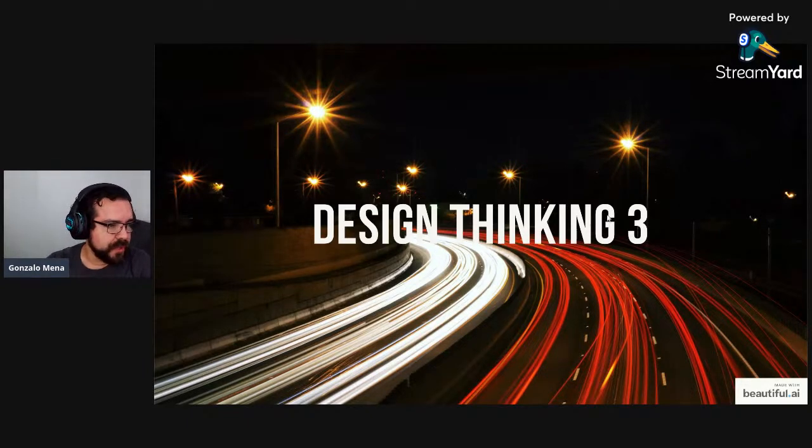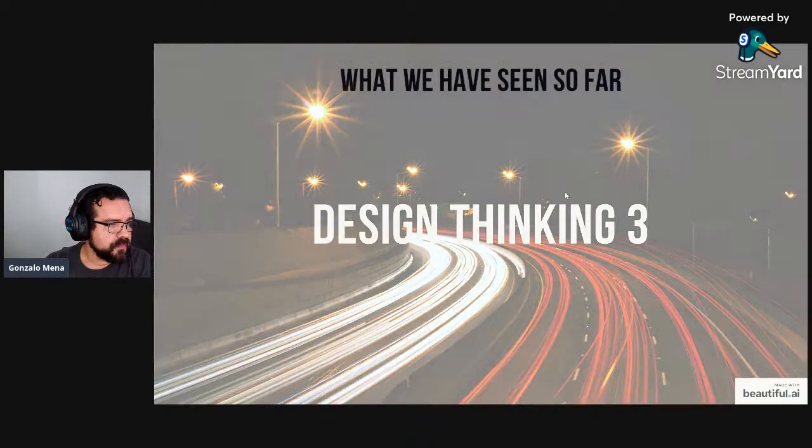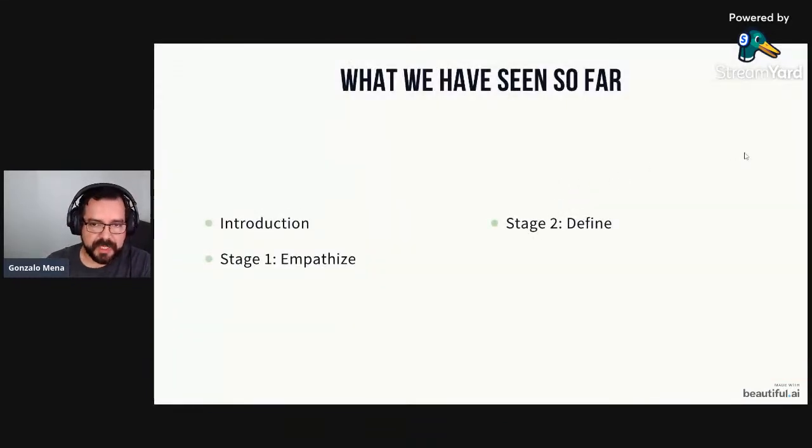So without further ado, let's begin with this class, this third stage of design thinking. What we've seen so far: we did the introduction, which was specifically oriented to what is called entrepreneurial thinking, the way of thinking that we have in order to become entrepreneurs and innovators.